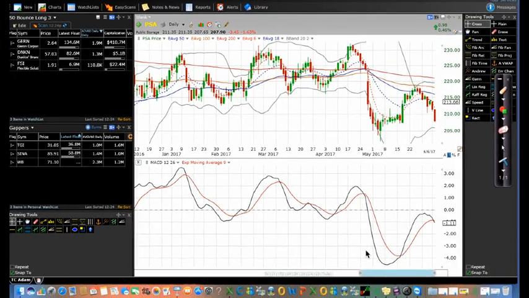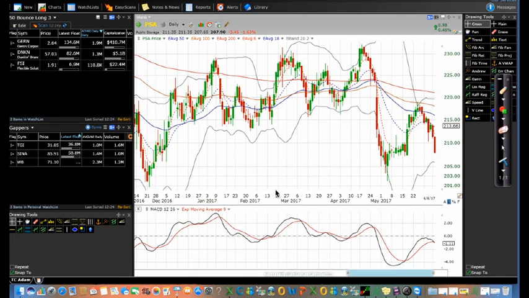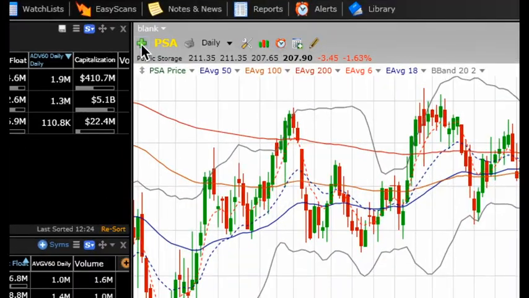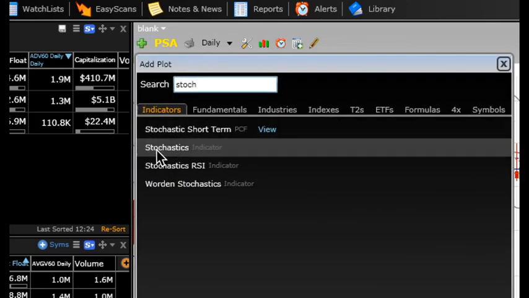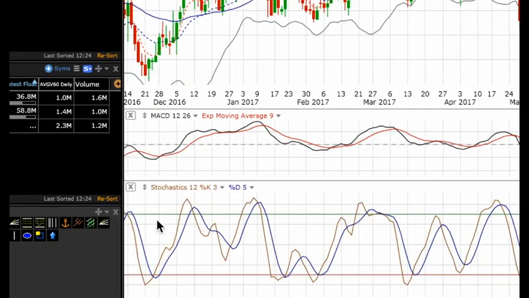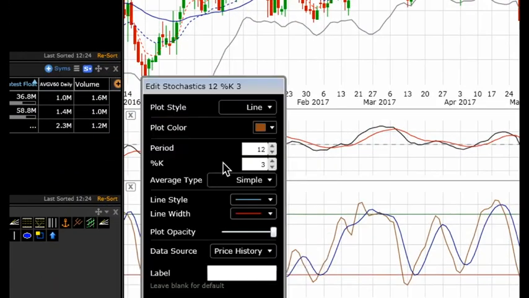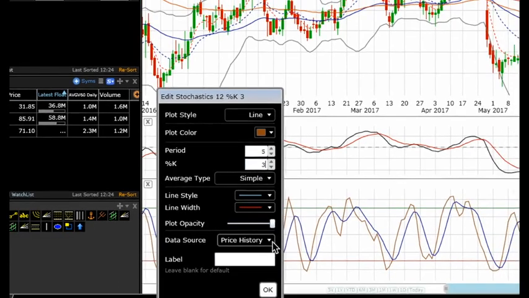Next, I'll put in my stochastics to measure, again, overbought and oversold signals. Last, stochastics indicator. In certain software, it is called full stochastics, right? Full stochastics. Okay, so I'm going to change that to 5, 3, and I'm changing to exponential, right?